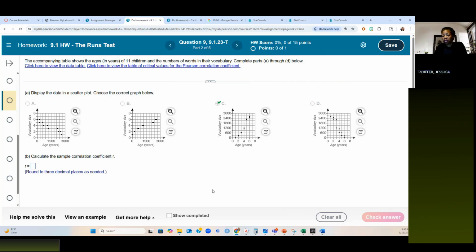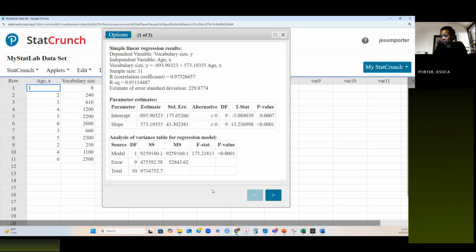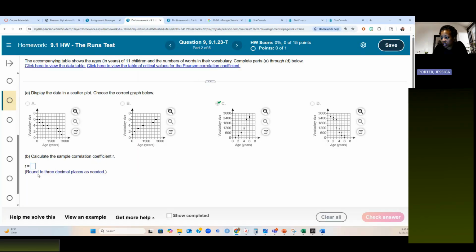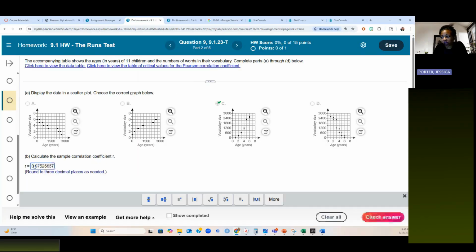And did we get the correlation? We did. It was 0.9752665, but they want us to round to 3 decimal places. That's why I just copied the whole number. 3 decimal places would put me at 0.975.